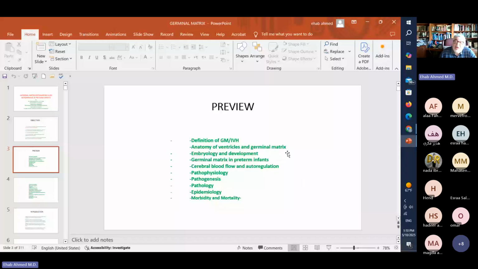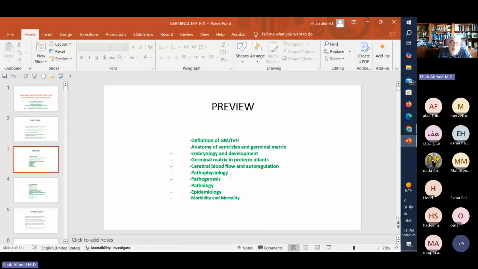So this is a preview of the different subtitles I'm going to deal with: definition, anatomy, and embryology, and we'll discuss some issues about the germinal matrix, especially in the preterm babies, and then cerebral blood flow and autoregulation, which is one of the major issues in the pathogenesis and pathology of GM-IVH.